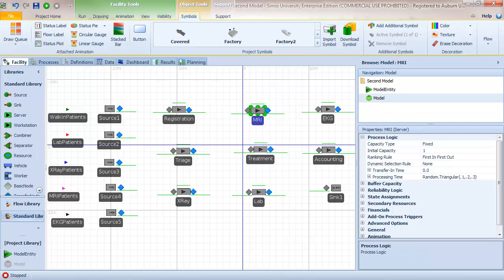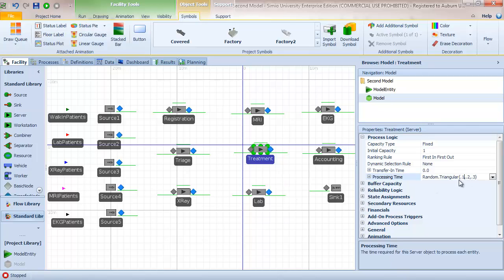The MRI has capacity 2, and the nominal time is 18 minutes. So we take the capacity 2, and we'll use triangular. Let's do 14, 18, 22 minutes. For the treatment room, there are 2 treatment rooms, so capacity 2 for the treatment server, and the nominal processing time is 10.5.